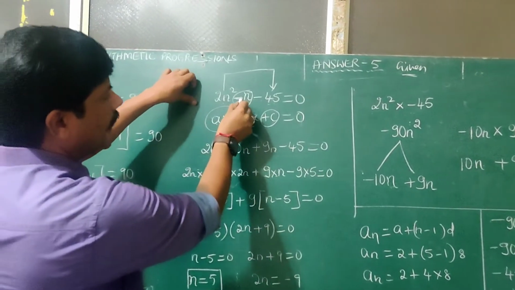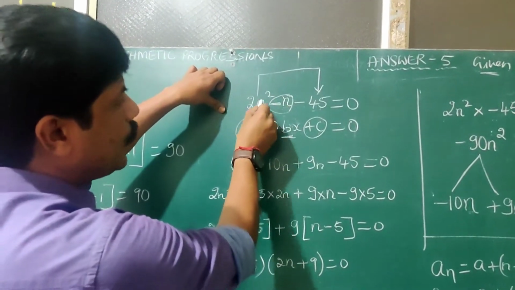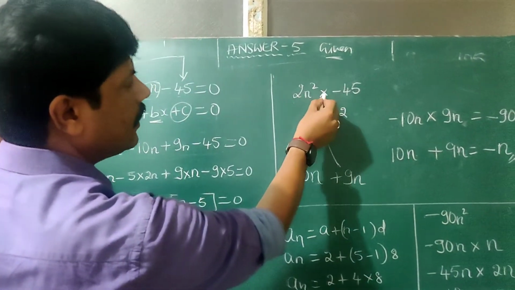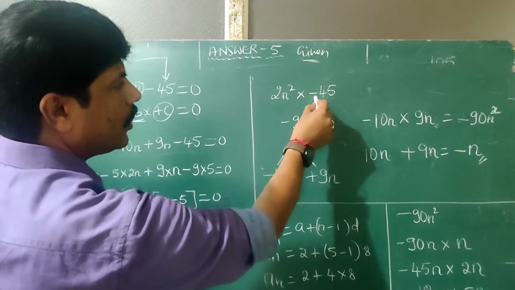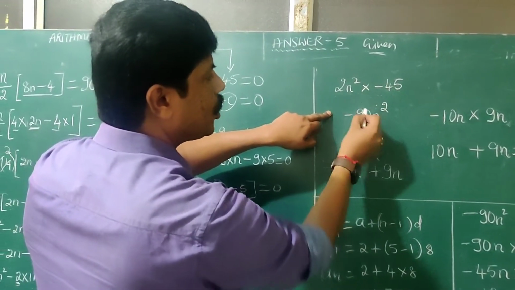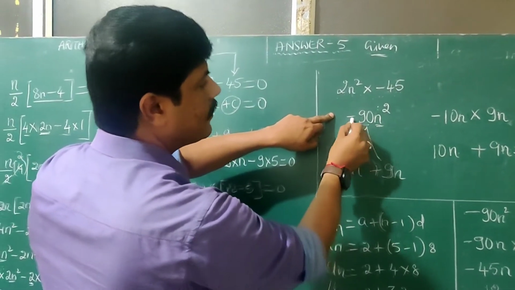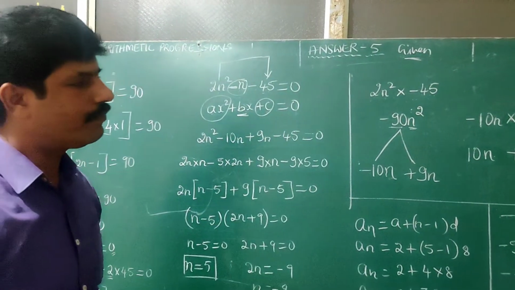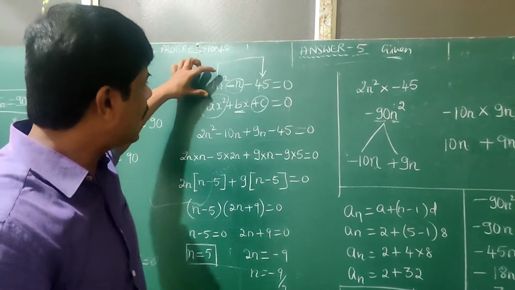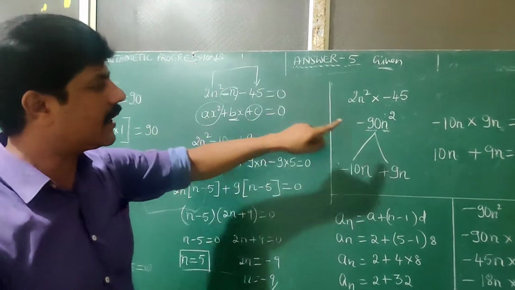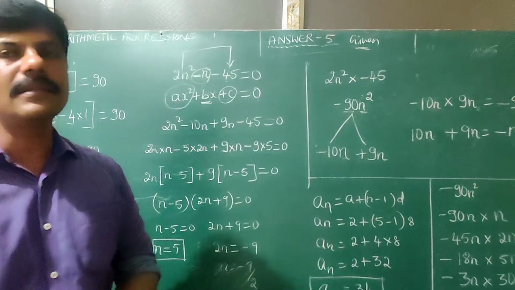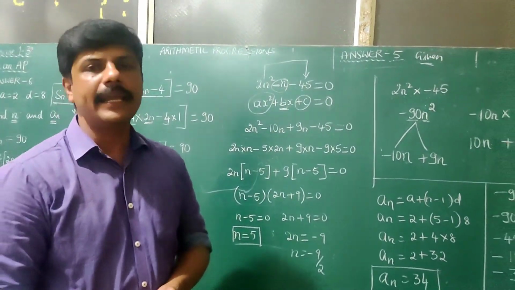Now leave the middle term and multiply 2n square with minus 45. After multiplying, you will get n square, keep as it is. Minus 45 into 2 is minus 90, so it becomes minus 90n square. Understand properly? You got minus 90 after multiplying 2n square with minus 45. Now you have to find the factors for this minus 90n square.